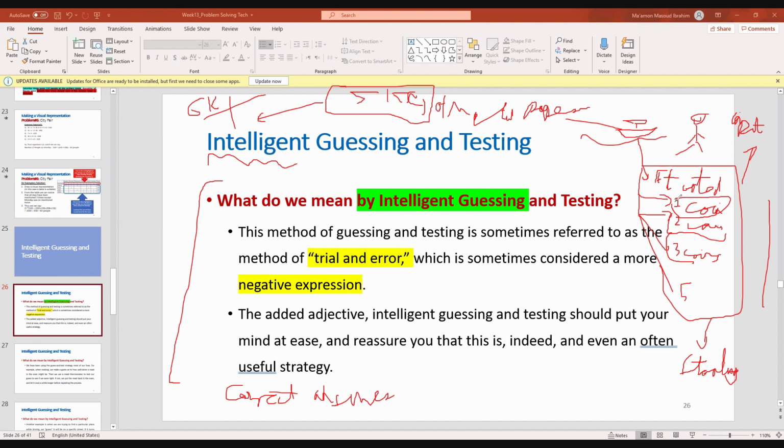But when he tried 1 coin, he did not try the 5 kilograms. Okay. So trying to guess something should be intelligent, and your input, your data, or your trial should make sense to you. And if your trials were correct, you will reach the correct answer.